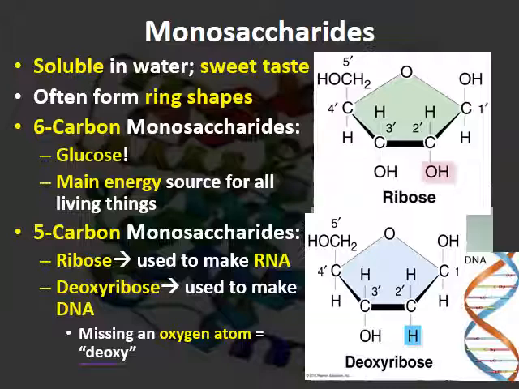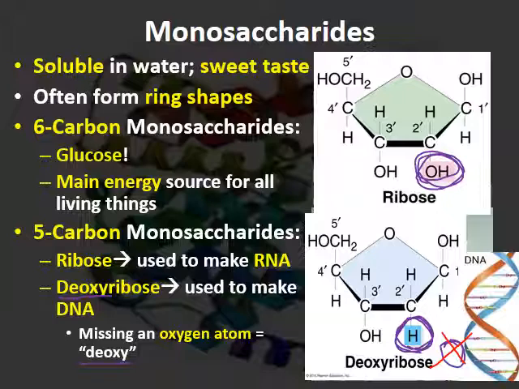The deoxy part, in terms of the ribose, is because it's missing an oxygen. So if we look at ribose here, it has an OH group on this carbon number 2, whereas deoxyribose doesn't have that OH group, it only has a hydrogen. So it's missing one oxygen. So there should be an oxygen there, but it doesn't have it.